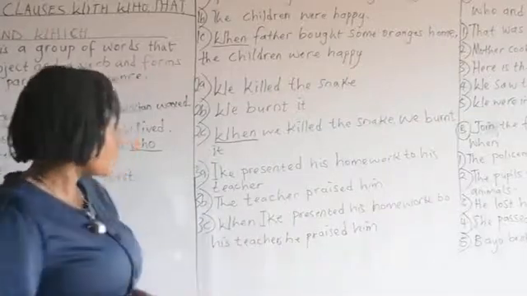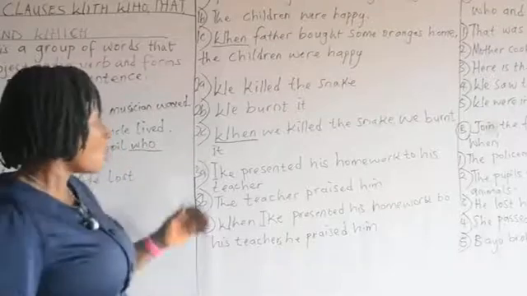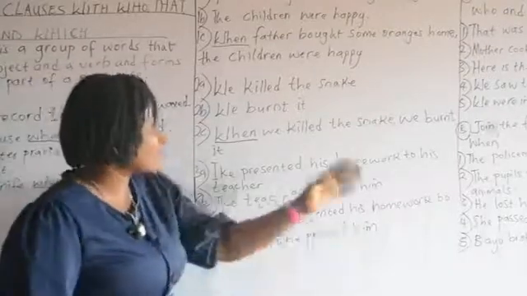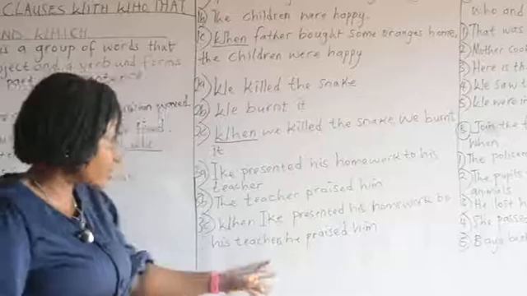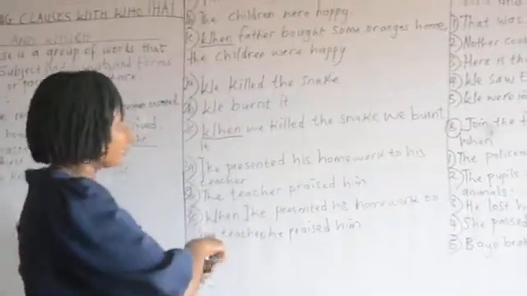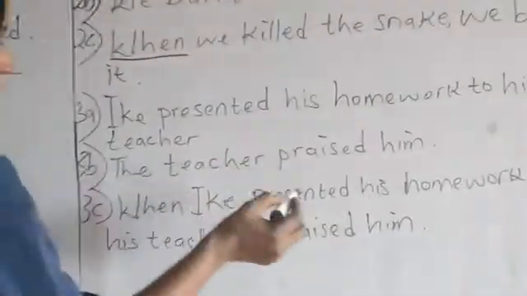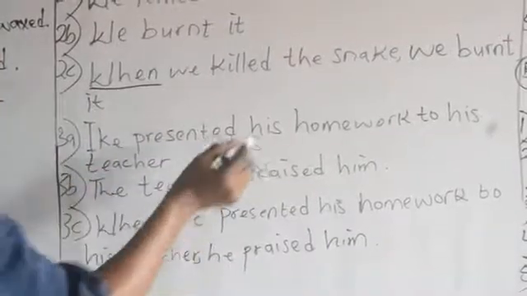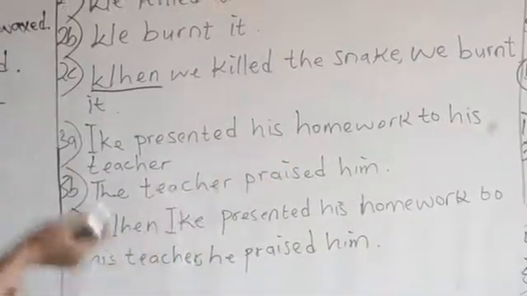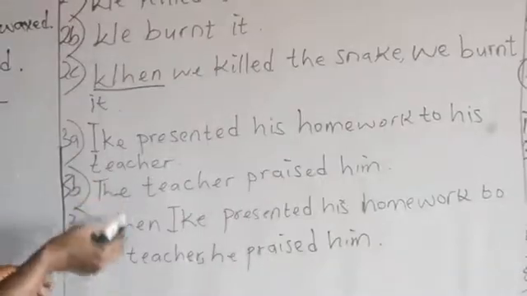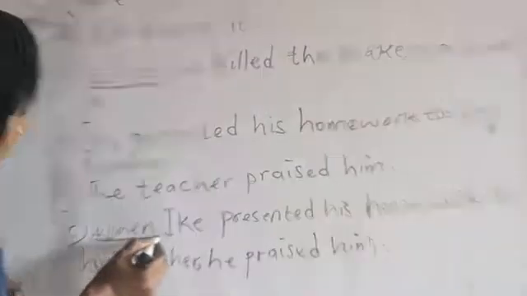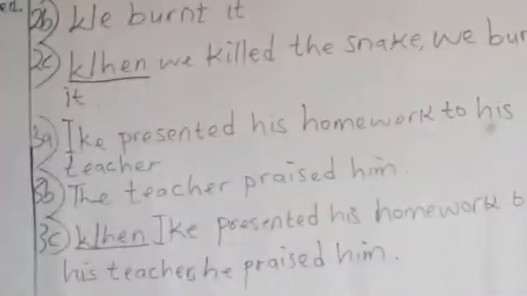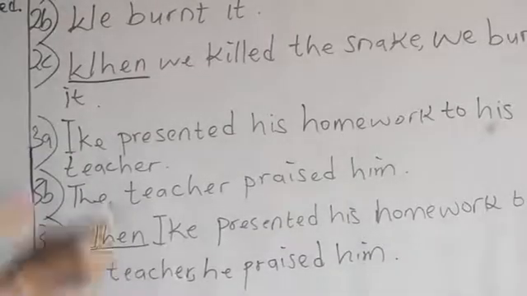But if you put the word "when", it becomes: When Ike presented his own work to his teacher, he praised him. Do not forget, when you are connecting, you put your punctuation mark, which is the comma. The comma comes after the first sentence, which has been started with the word "when". So "when" is the word joining the two sentences.